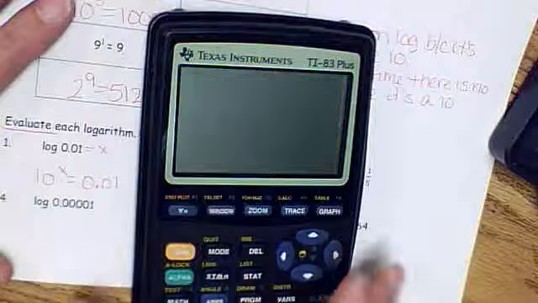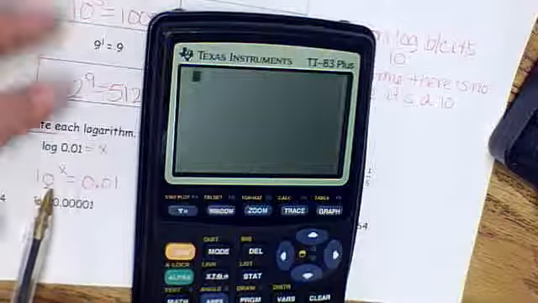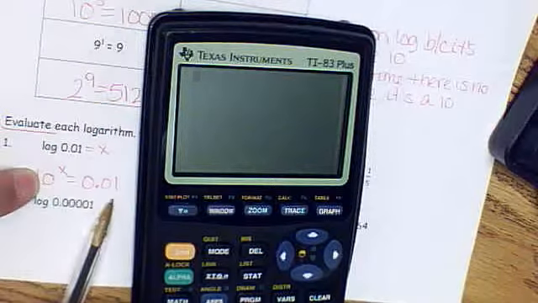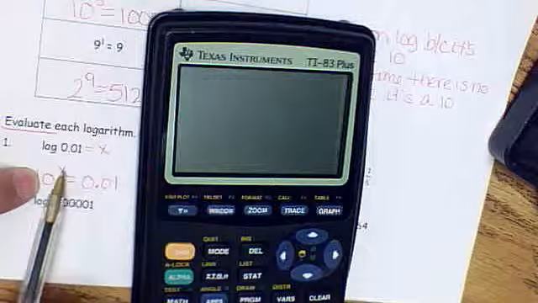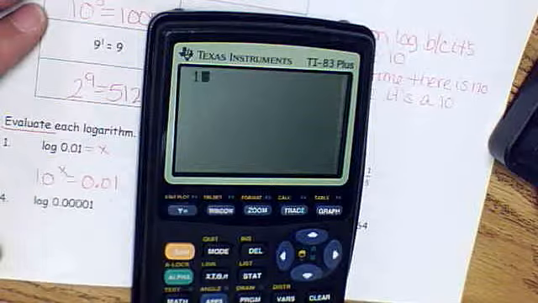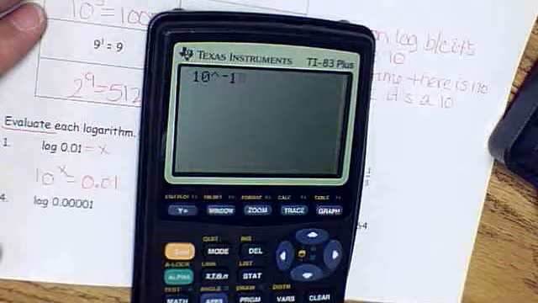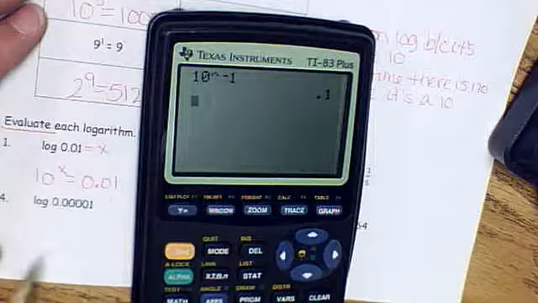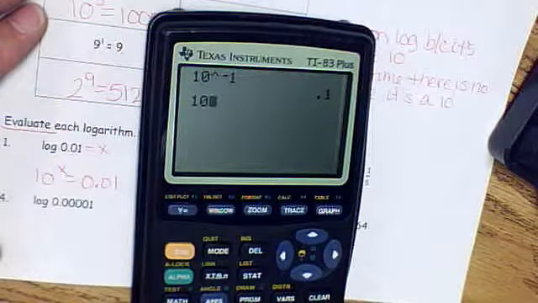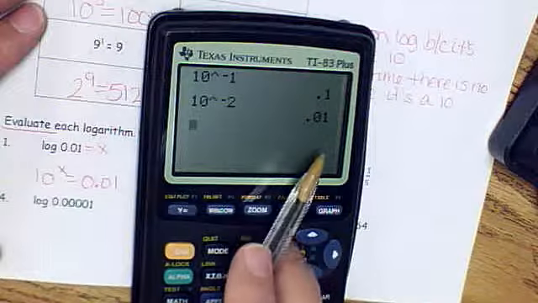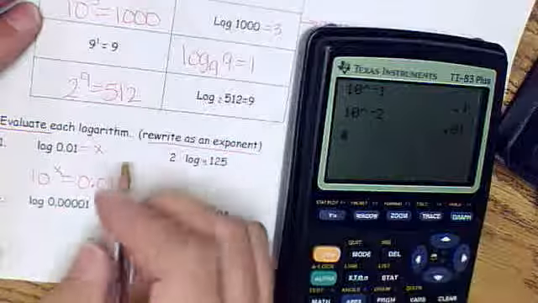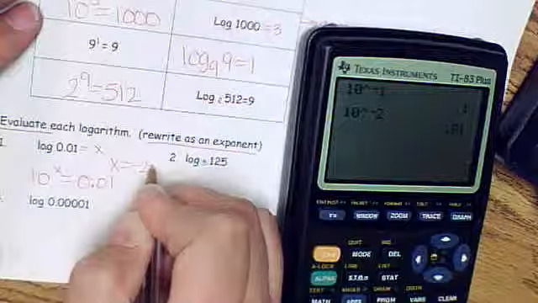The easiest way to do it is to use our calculator. Because our base is a whole number and our answer is a decimal, that means x has to be negative. So I try 10 to the negative 1. That gave me 0.1, not what I need. So I try 10 to the negative 2, and that did give me what I need. So my answer is x equals negative 2.